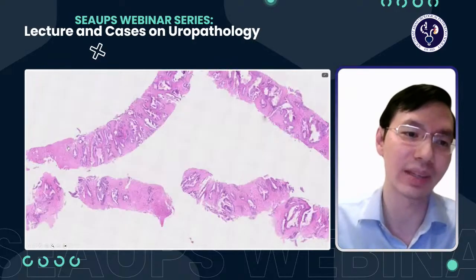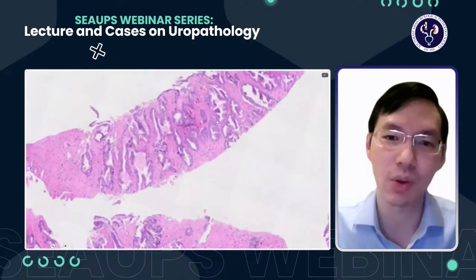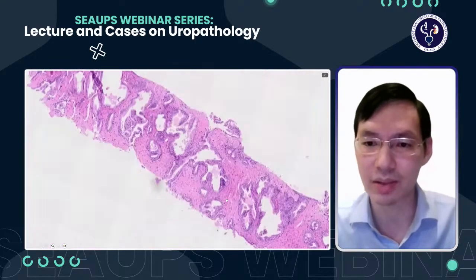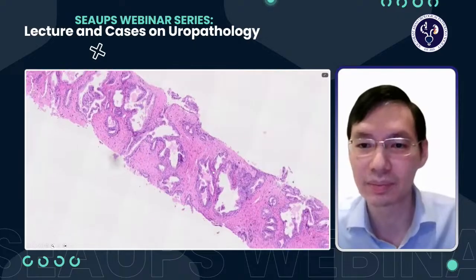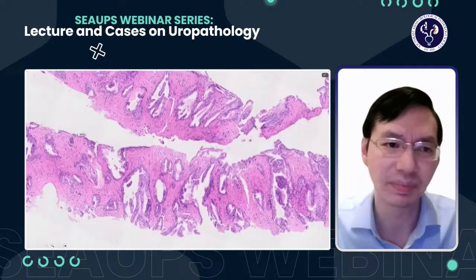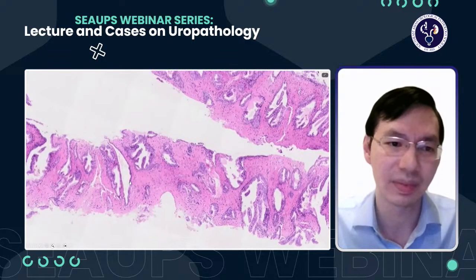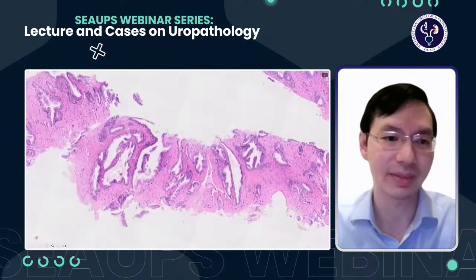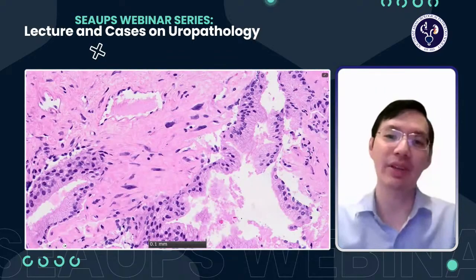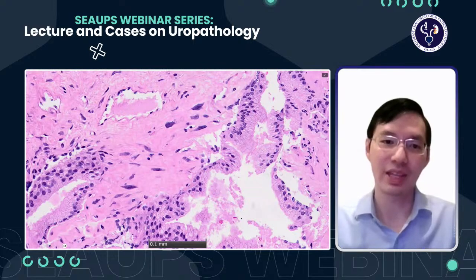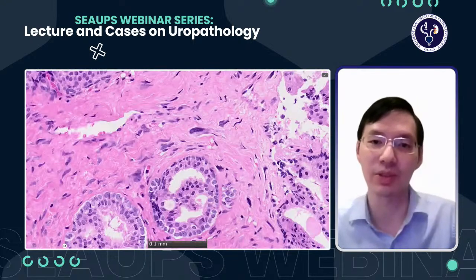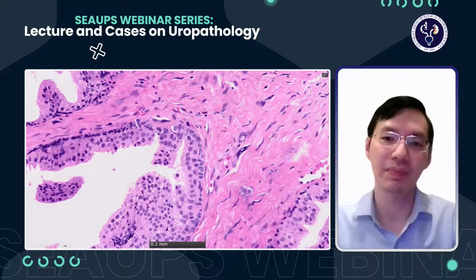Pretty similar, I think. There are four cores, and you can probably see now that there are atypical cells in the stroma. They kind of stand out. On a higher magnification, these are the atypical cells with degenerative atypia.